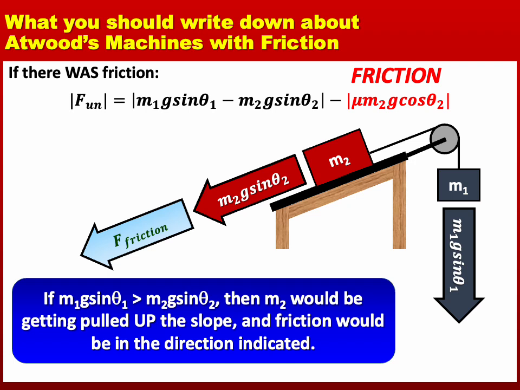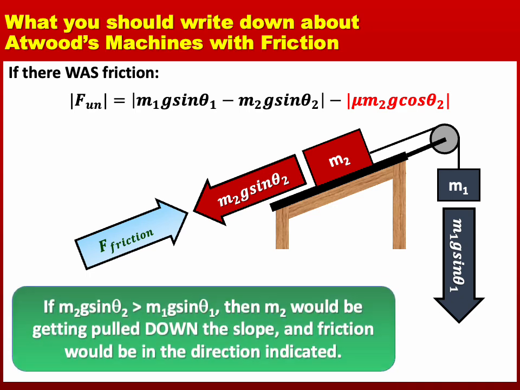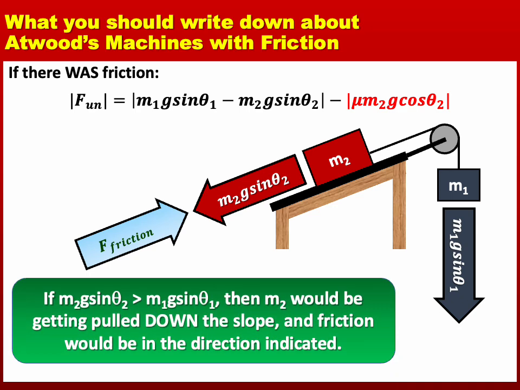But that's only if the blue arrow is bigger than the red arrow. However, if the red arrow is bigger than the blue arrow, then the red block is sliding down the ramp. The dark blue block is being dragged upward. Well, if the block is sliding down the ramp, then friction would be acting in the opposite direction.